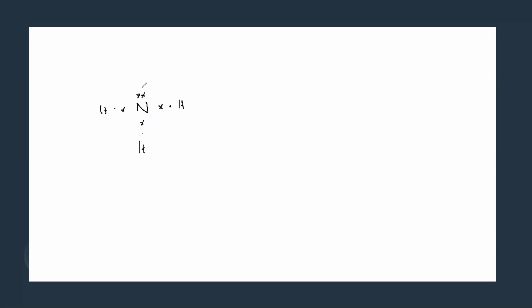A lone pair means an unshared electron pair, but all are stable. You can see nitrogen has 8 electrons and hydrogen has 1 electron. But what happens if we add an acid to this ammonia, meaning we add a proton? A proton is electron deficient. It does not have any electron, because when we write the structure of hydrogen, it has 1 proton and 1 electron.